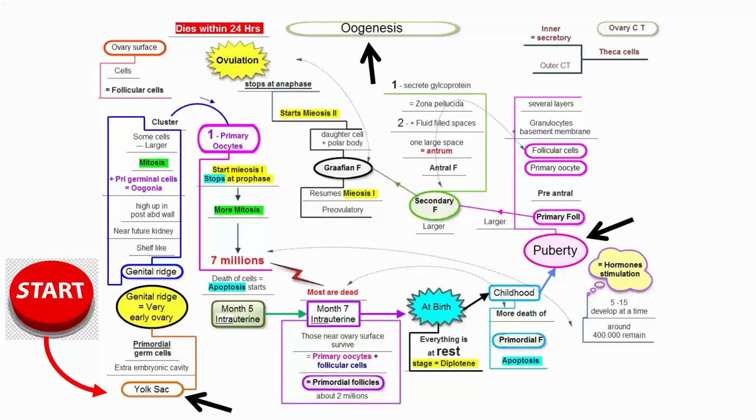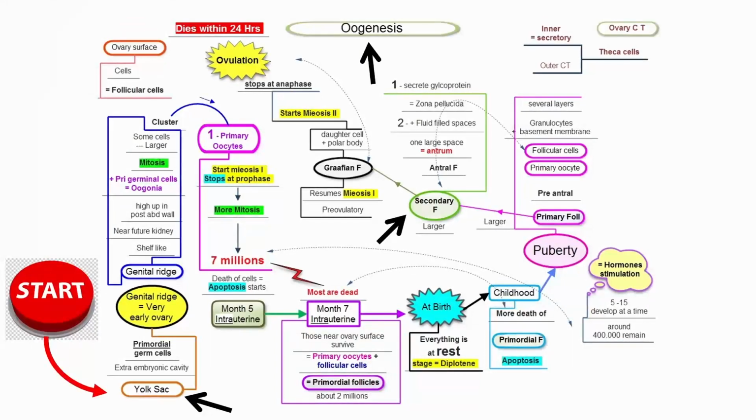primary follicles. Then, when the primary follicles receive the stimulus, these primary follicles contain a primary oocyte and follicular cells around them, several layers of follicular cells, and they get larger.